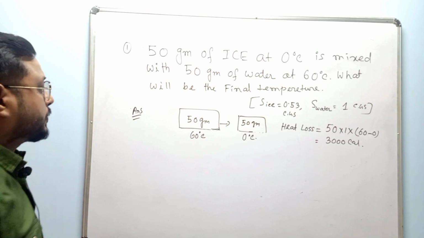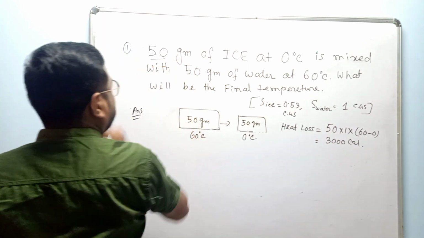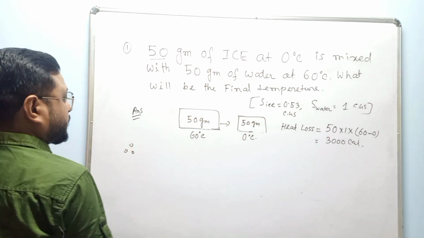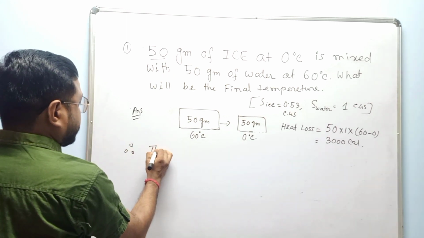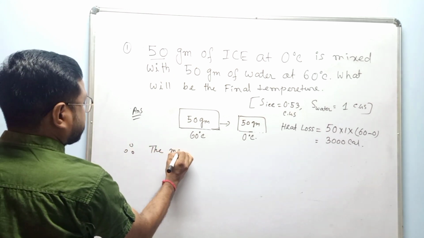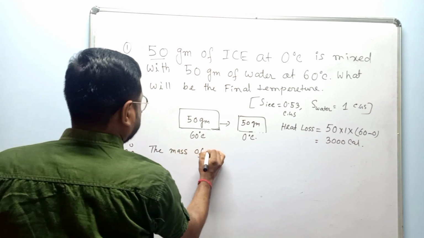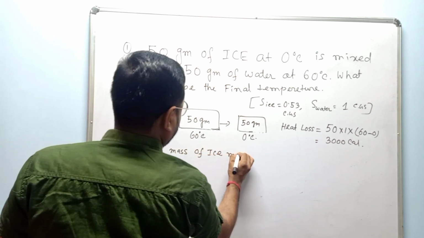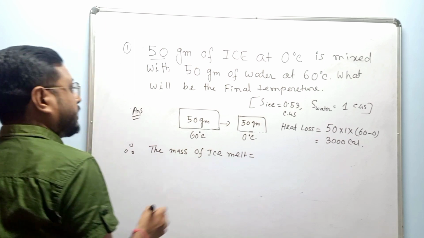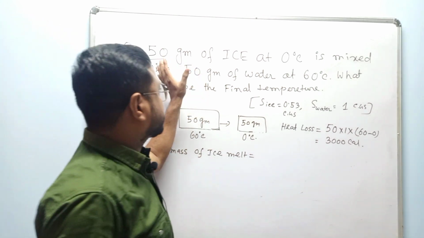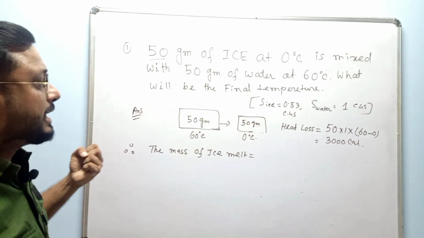Now, 50 gram of ice. The mass of ice that melts, because when water is added to ice, the ice gains heat and melts.